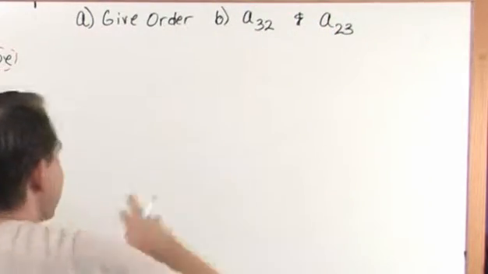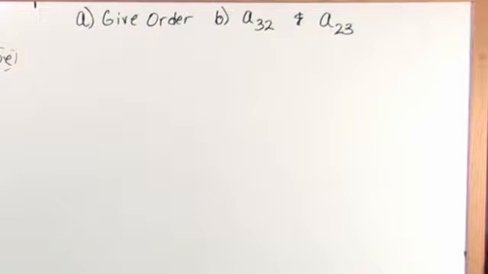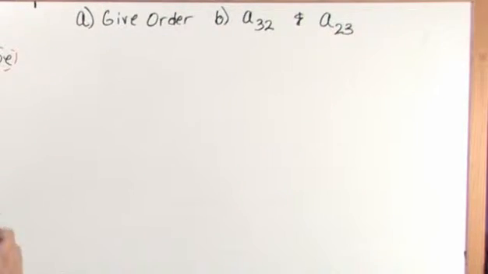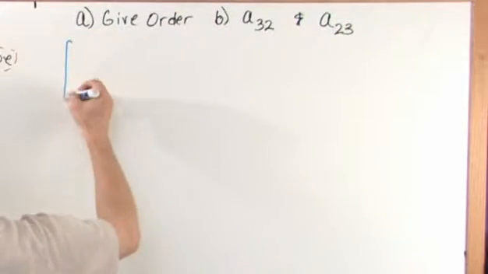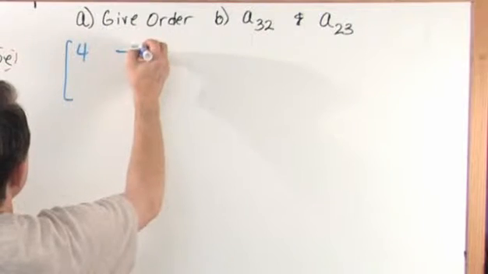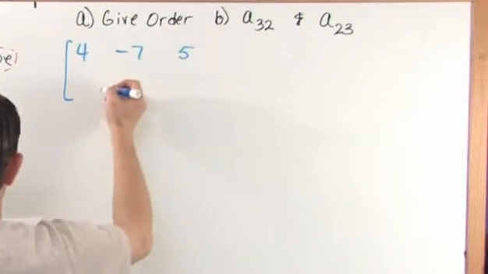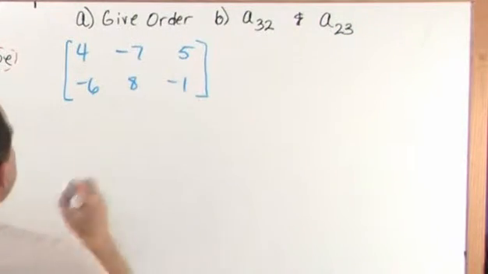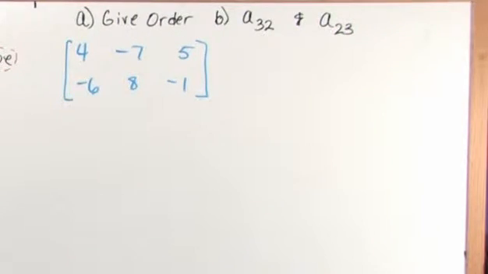A32 and A23. If possible, let's find those, and if it's not possible, let's go ahead and look and see why it's not possible. So for the first problem, let's go ahead and just write the matrix down. And the matrix that we're going to be given here is 4 and negative 7 and 5 and negative 6 and 8 and negative 1. That's my matrix.